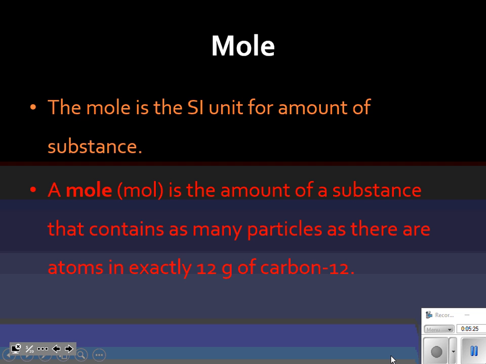The atomic mass unit for carbon is 12.011. Once again, 12.011 atomic mass units. So that is equal to 1 mole of a substance. So 1 mole of a carbon-12 atom is exactly 12 grams.